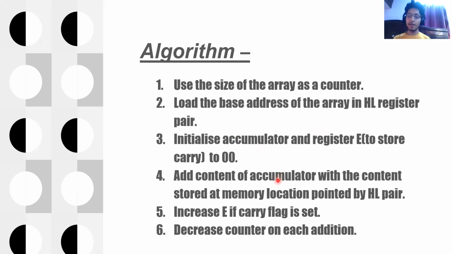At each iteration, we will be adding the content of the accumulator with the content stored at the memory location pointed by the HL pair. And if our carry flag is set, then we will increment the E register by 1. Then we will decrease the counter on each addition by 1. And when the counter becomes 0, we will terminate the program.